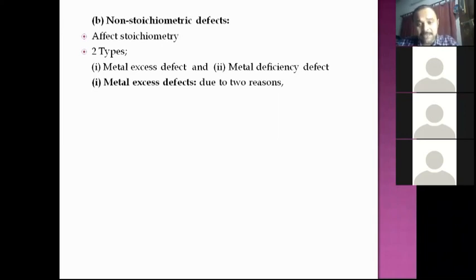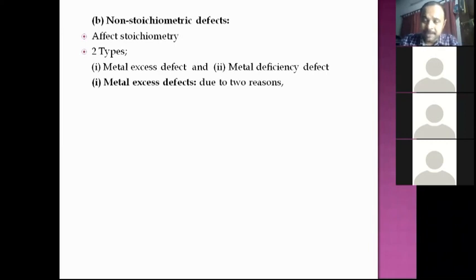Again, metal excess defect can happen due to two reasons. Let's say in an ionic solid there are 100 cations and 100 anions. How can metal excess happen? Two ways. One, instead of 100 cations, if there are 102 cations and anions are 100 only, then obviously metal excess will happen.